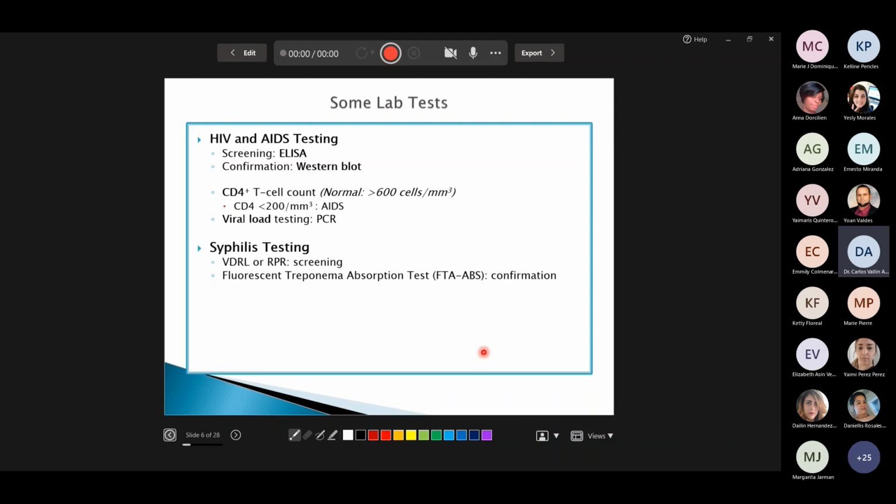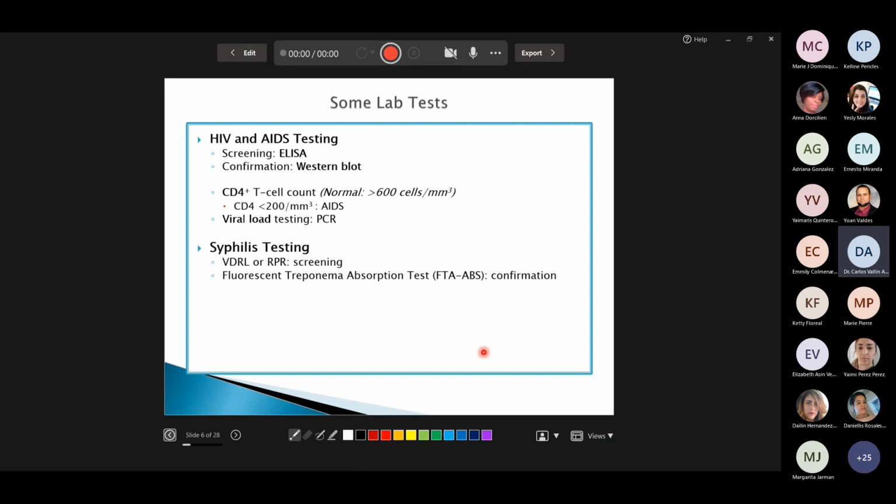But now this person is initiated on treatment. Once it is known that the person has this virus, an antiviral, antiretroviral treatment is initiated. Nowadays, this antiretroviral treatment keeps the person healthy and not contagious, and it's important to know that.